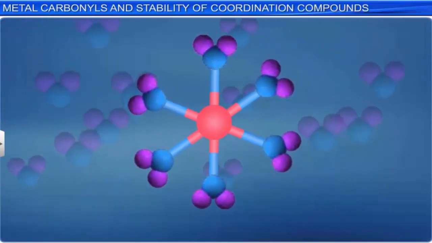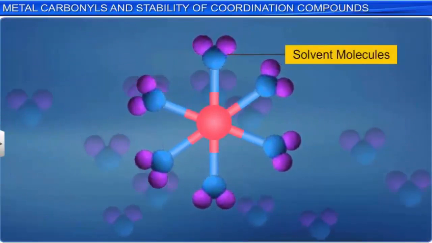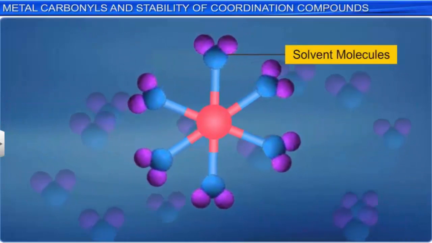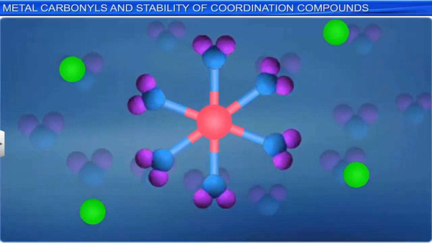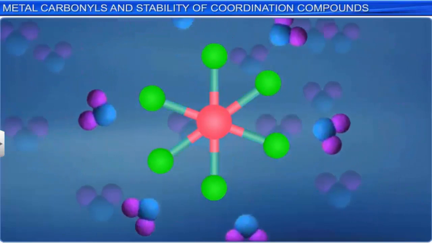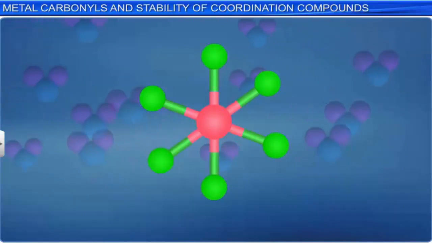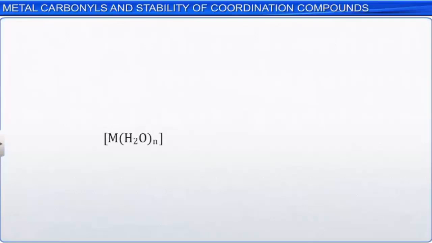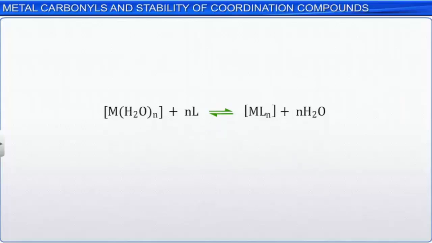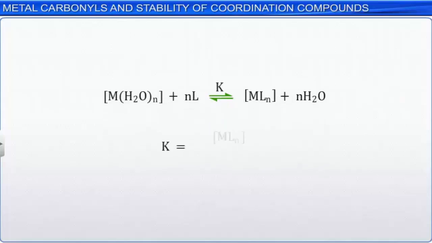Consider the reaction M(H2O)n plus nL in equilibrium with MLn plus nH2O. The stability constant for this equation can be written as K is equal to the concentration of MLn divided by the concentration of M(H2O)n multiplied by [L] raised to the power of n. Note that the molar concentration of water is ignored because its concentration remains almost constant.